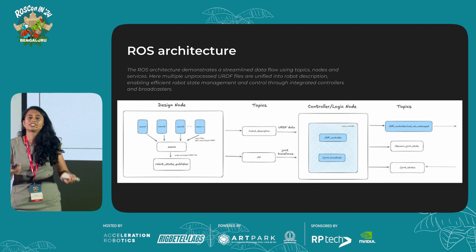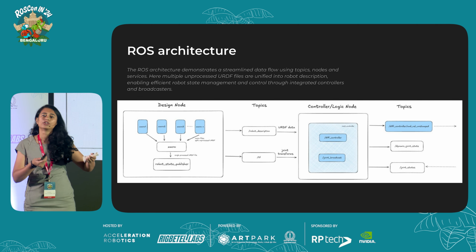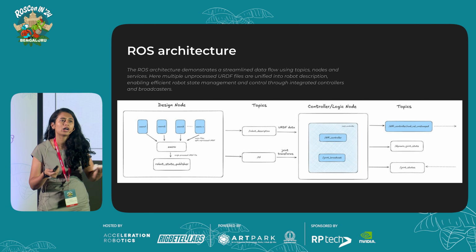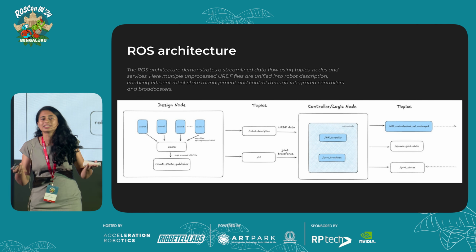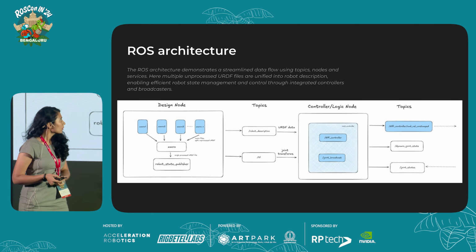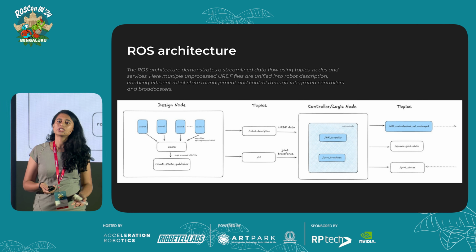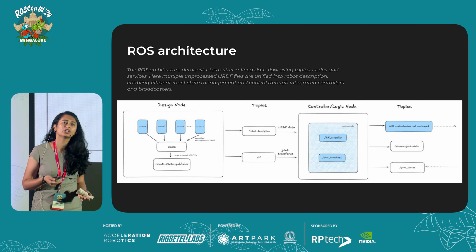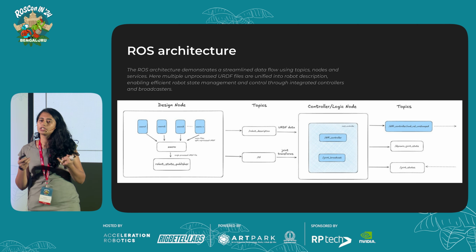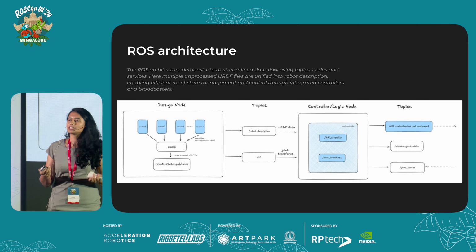Joint transform says the state of the robot, and robot description describes the design of the robot. Since we are building a two-wheel differential drive robot, the controller node will have a differential drive controller as well as a joint state broadcaster.